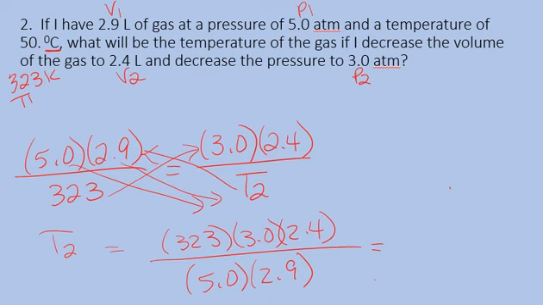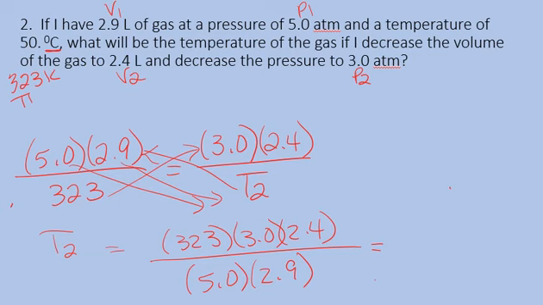I think it's just as easy to go 323 times 3 times 2.4 equals, divided by 5 equals, divided by 2.9. I can divide by each of those numbers separately, and I'm going to get the same answer. Wait, I think I did something wrong.